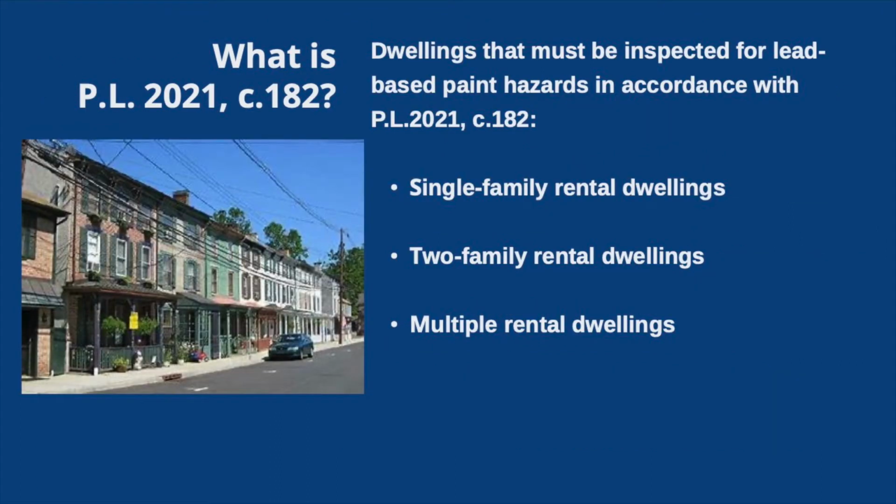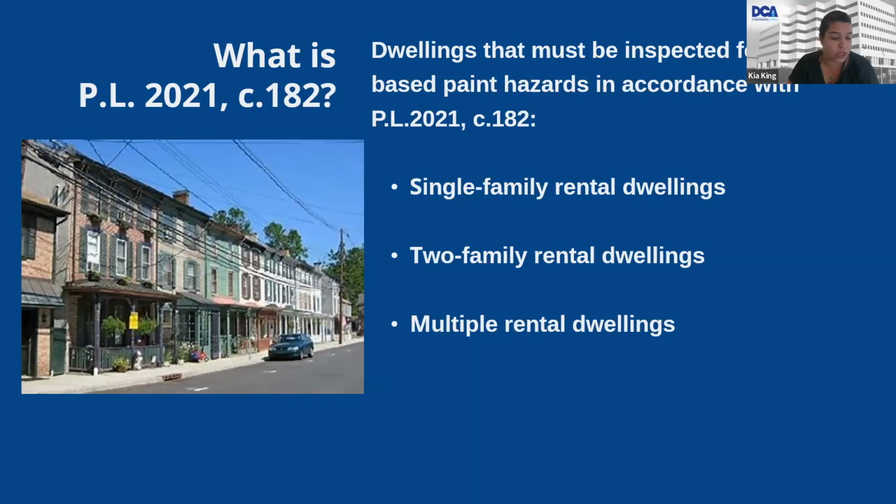So speaking a little bit more to this law, what are the dwellings that are applicable under the act? Dwellings that are to be inspected under Chapter 182 are single family rental dwellings, two family rental dwellings, and multiple rental dwellings. And it's important to note, because I know we've seen some questions about this, this does also apply to rented condominiums or co-ops.